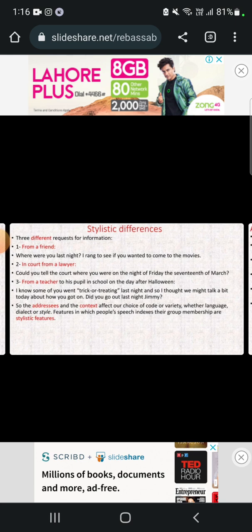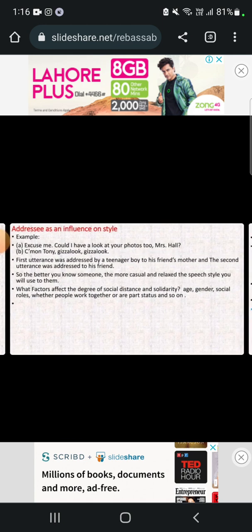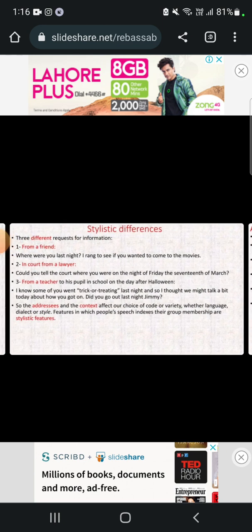The third example is a request from a teacher for information to his pupil in school on the day after Halloween. The teacher says, "I know some of you went trick-or-treating last night, so I thought we might talk a bit today about how you got on. Did you go out last night, Jimmy?" So there is a level of informality here. You can trace the level of informality in these three examples, so you can quote these examples.